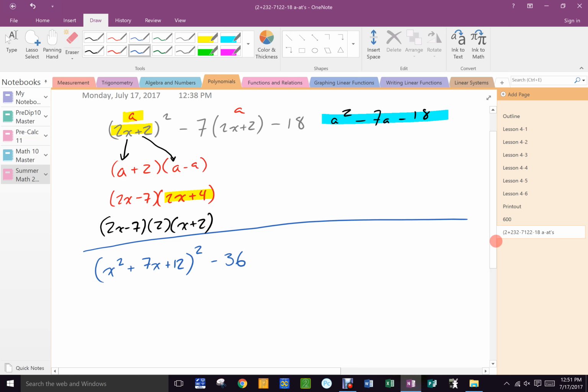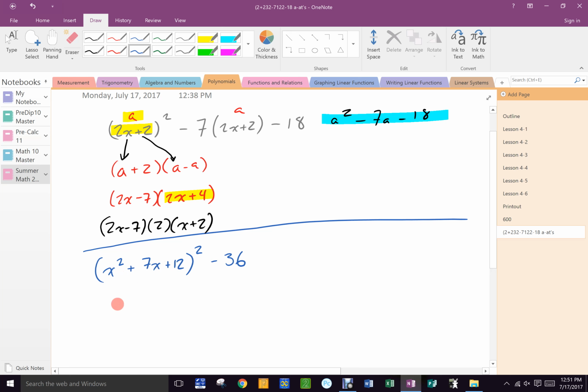Okay, what about that one? Square root everything, you mean? So would you do anything with this? You're going to leave it like that? Okay.